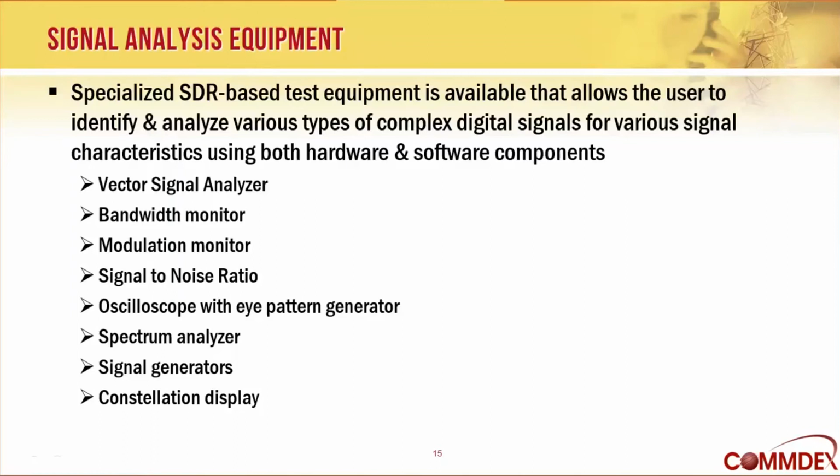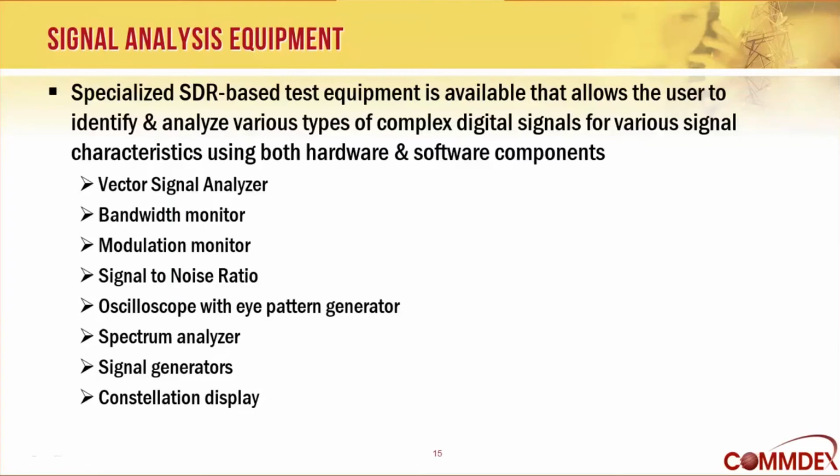It can do a lot of different things, just like service monitors of years ago could do many things. These are analysis equipment that can do a lot of different functions. A vector signal analyzer is the device that can break out the various vectors in the signal and give you things like the constellation diagrams that will let you easily identify what kind of signal you're dealing with.